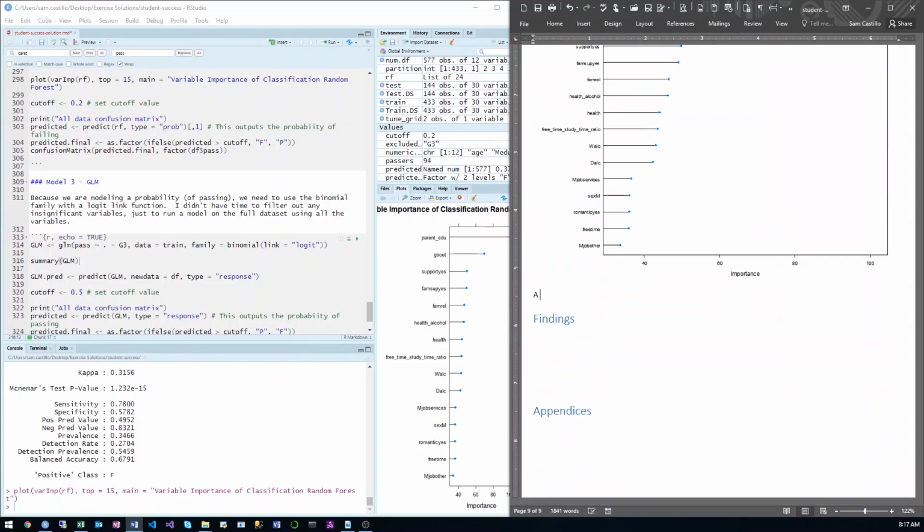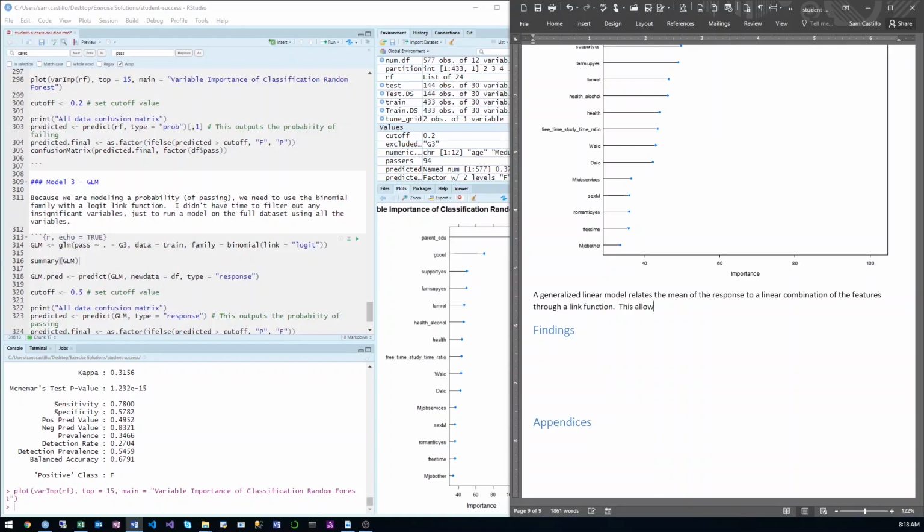A generalized linear model relates the mean of the response to a linear combination of the features through a link function.